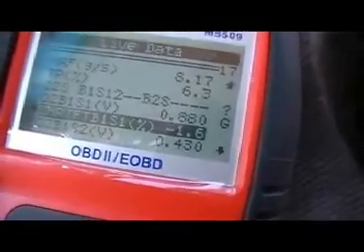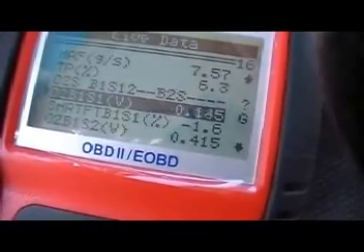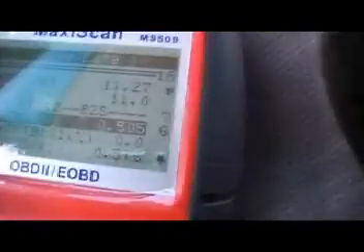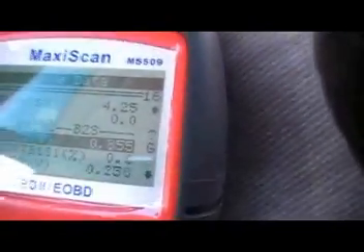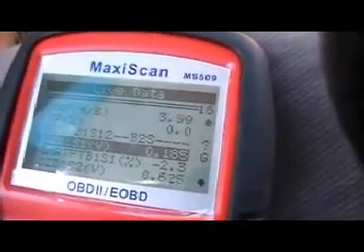So both oxygen sensors are fine. Basically speaking, there's no problem with the engine management system. The only thing we can look at now is the starting system, and I'm gonna start with the battery.